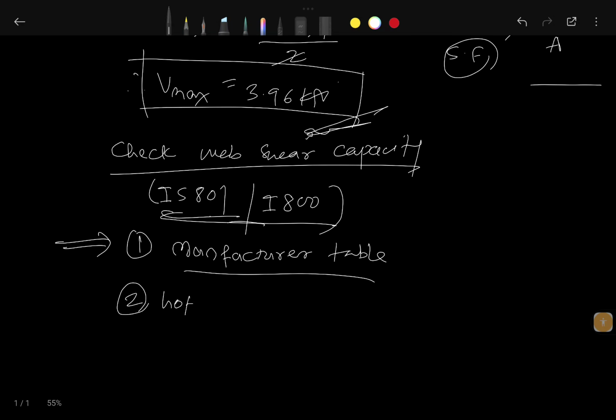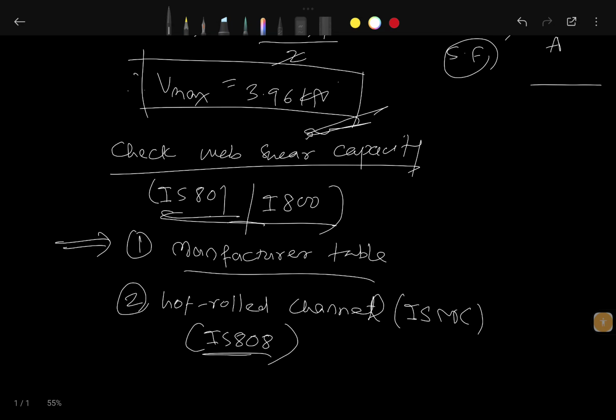Hot roll channel, that means ISMC, Indian Standard Medium Channel section. For the section table we use IS 808. IS 801 is for cold-formed section, and IS 808 for hot roll purlin sections.